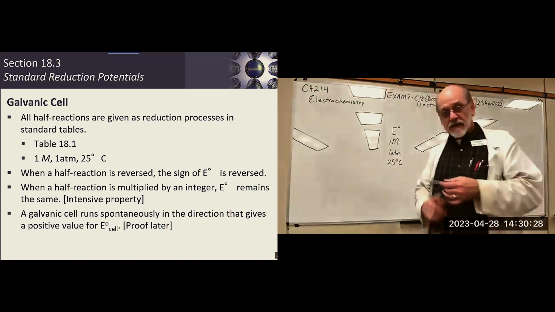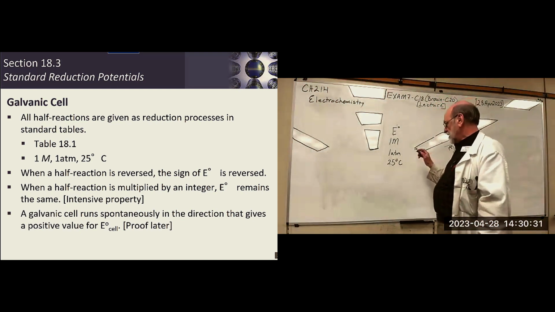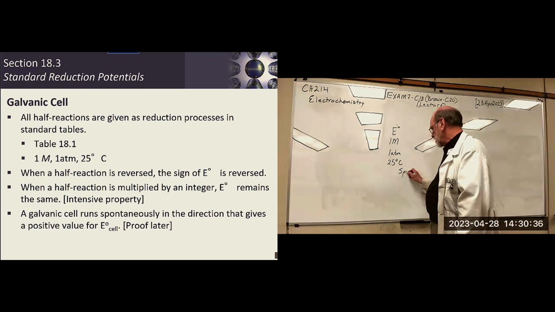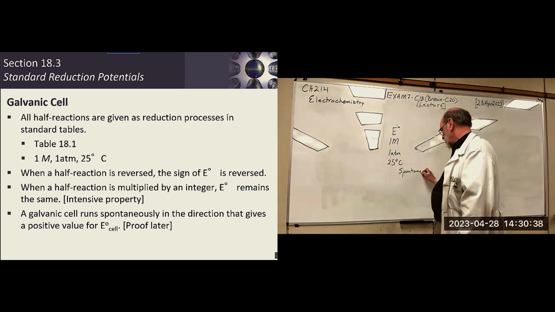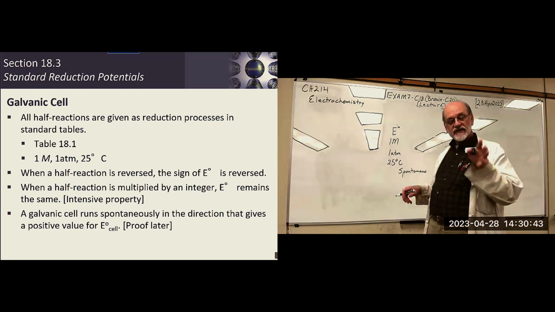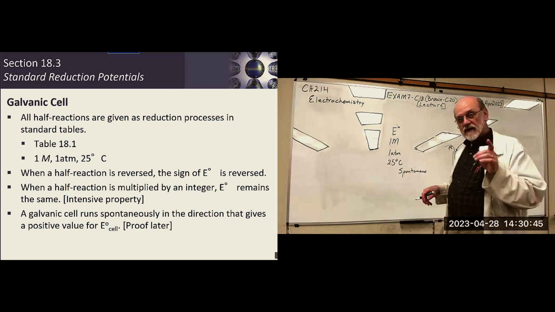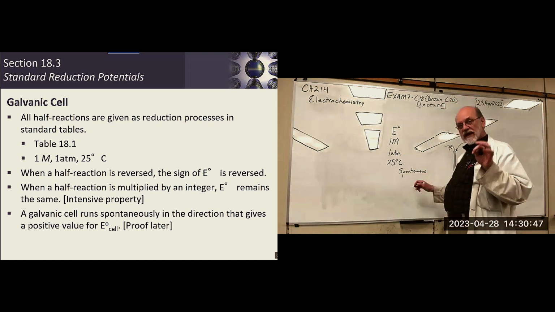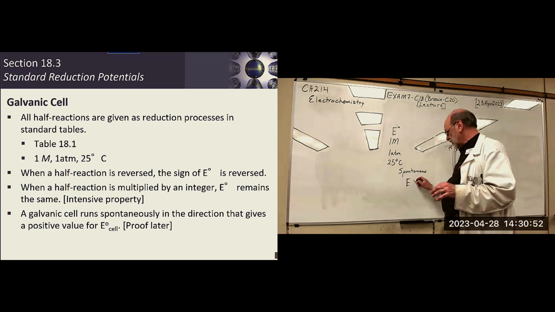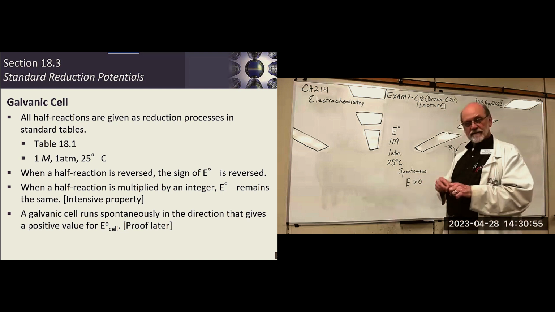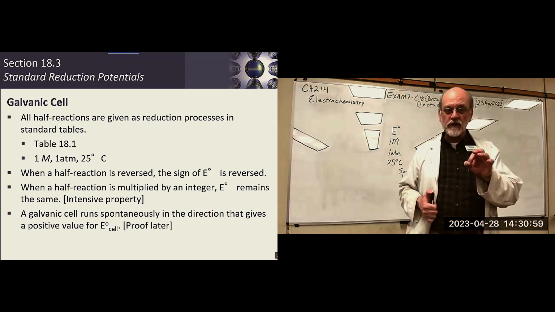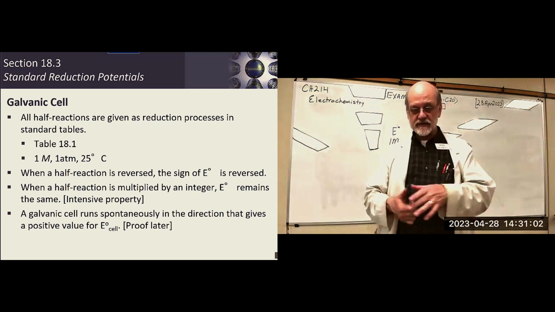All right. The other factor is that spontaneous generation of voltage in a galvanic cell always occurs when you are able to calculate an E that's greater than 0. The calculated value of E must be greater than 0 in order for it to be spontaneous.